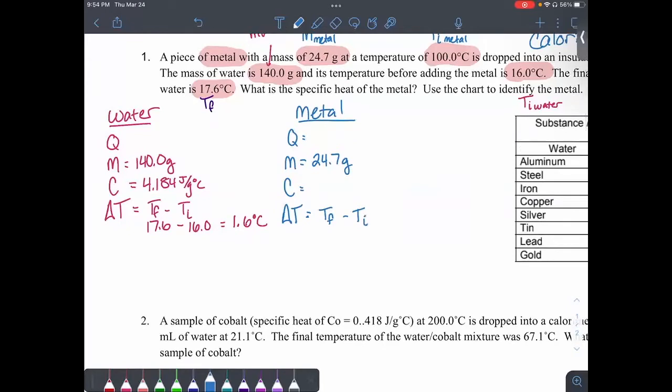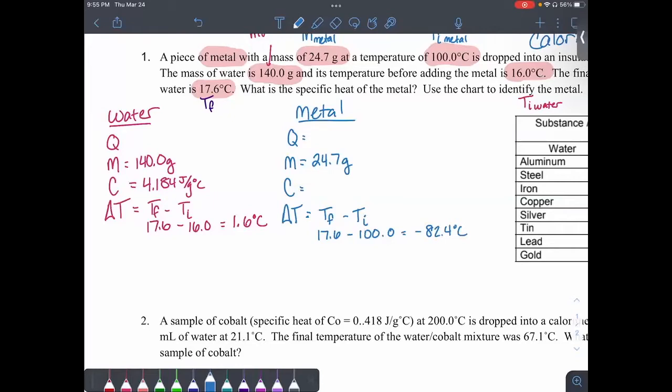Our final temperature of our metal, because our metal was placed in the water, is the same as the water's final temperature of 17.6 degrees Celsius, minus our 100 degrees Celsius for our initial temperature of our metal, which means our change in temperature is negative 82.4 degrees Celsius, because it released that energy. It needs to have a negative change in temperature.